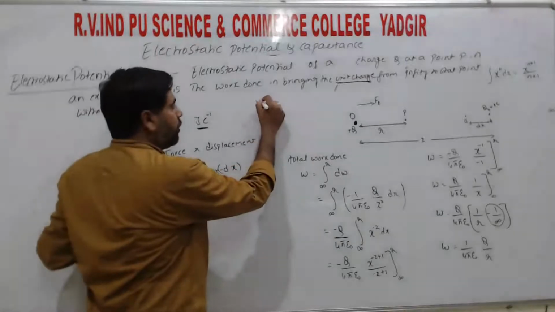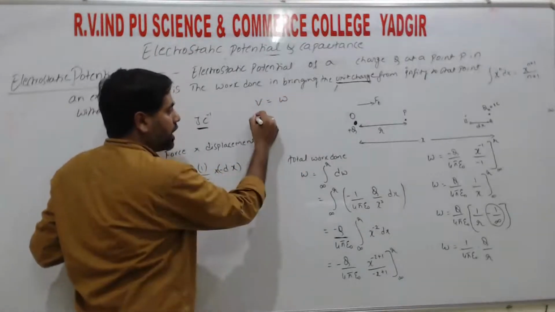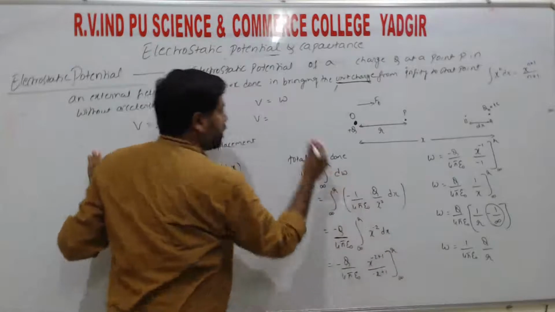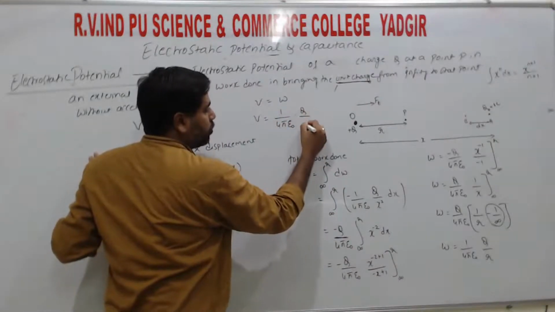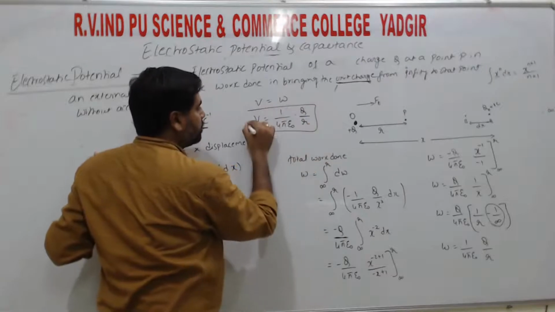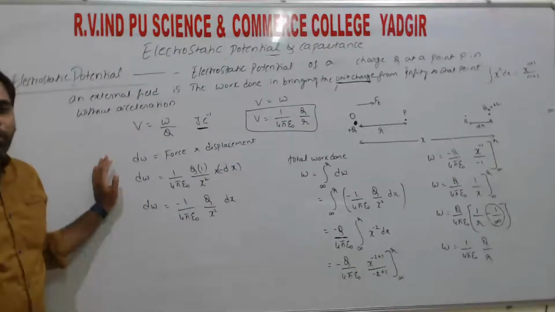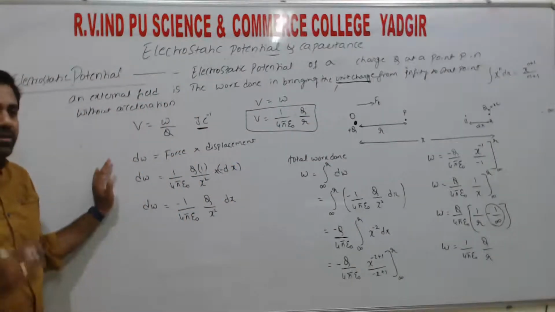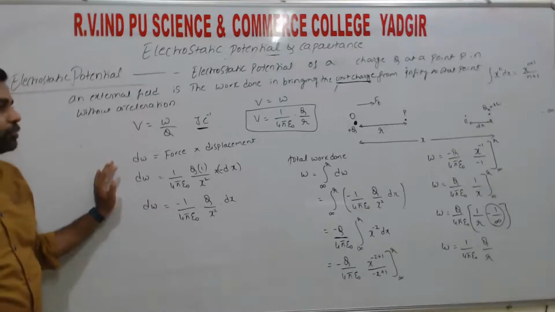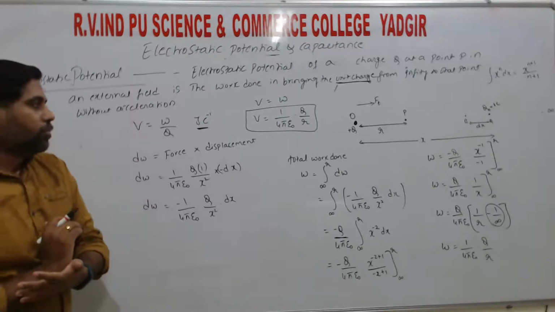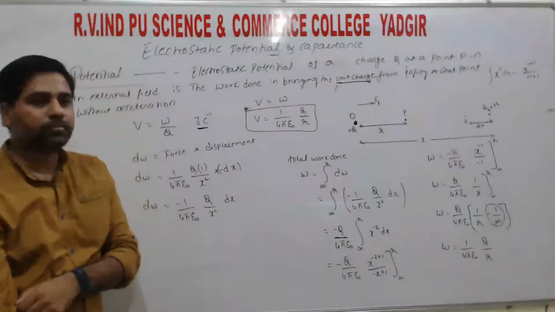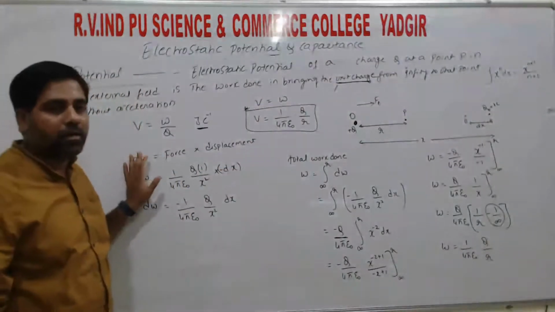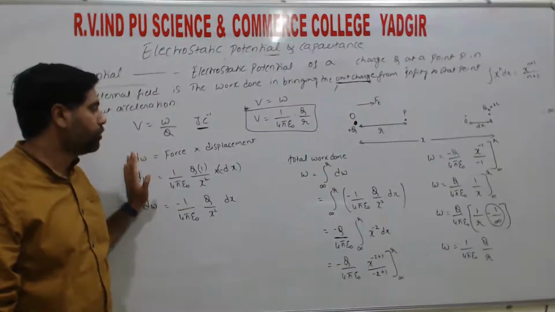So V is equal to W. So V is equal to 1 divided by 4 pi epsilon naught into Q divided by R. So this is the electrostatic potential final relation, right? A very important relation, the electrostatic potential.